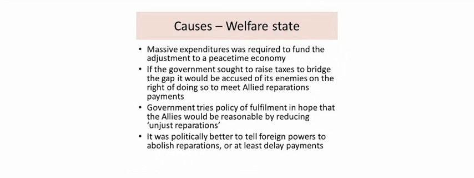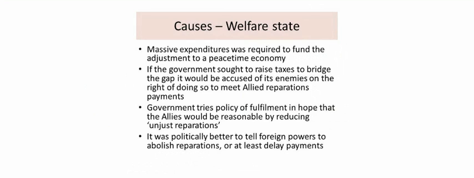So what they decided to do instead was, rather than pay reparations, spend the taxes on the welfare state. People would be happy that they were getting a pension and healthcare, and that would help the government's popularity. Obviously, though, this would cause problems because the Allies would not look kindly upon the government refusing to pay reparations.